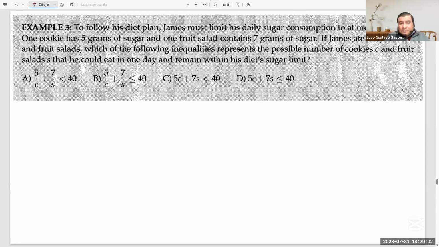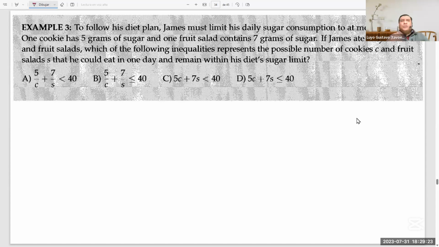Let's see. According to this question, Jane must limit his daily sugar consumption to at most 40 grams. One cookie has 5 grams of sugar and one fruit salad contains 7 grams of sugar.